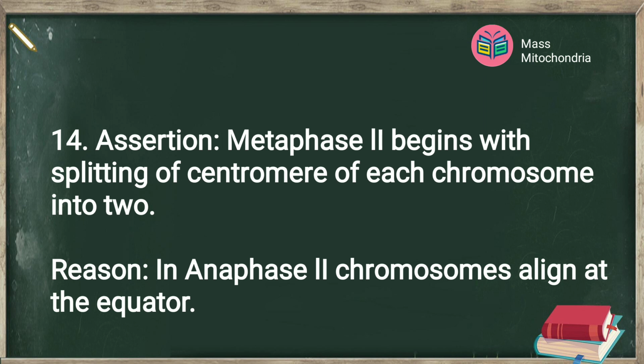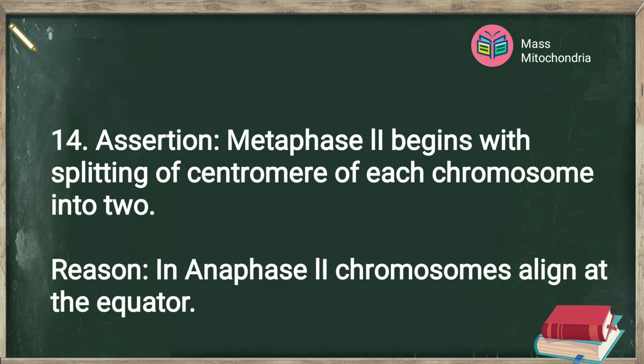Question number 14. Assertion: metaphase 2 begins with splitting of the centromere of each chromosome into two. Reason: in anaphase 2, chromosomes align at the equator. During metaphase 2, chromosomes align at the equator.